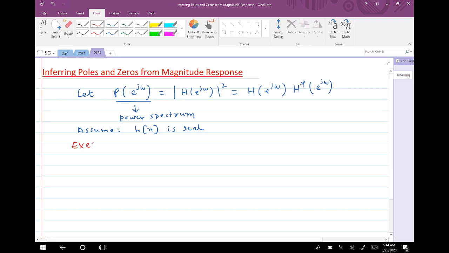The first exercise for you is to prove that if the DTFT of x of n is X of e power j omega, then the DTFT of x of minus n would be equivalent to X of e power minus j omega.